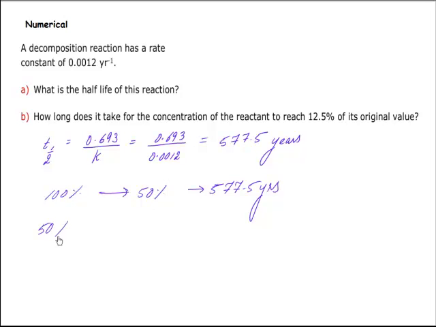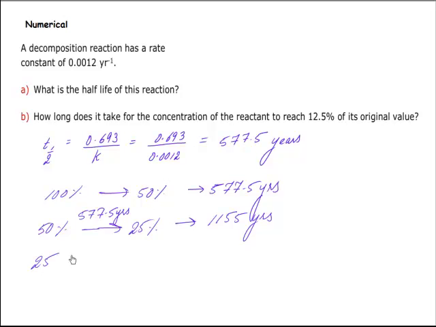From 50% to 25%, it will take one more 577.5 years, but overall time therefore will be 577.5 twice, which is 1155 years. However, we don't want the concentration to be 25% of the original but 12.5% of the original.